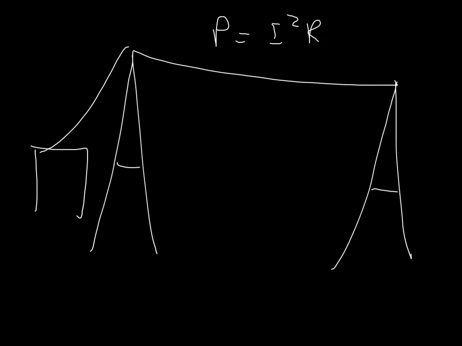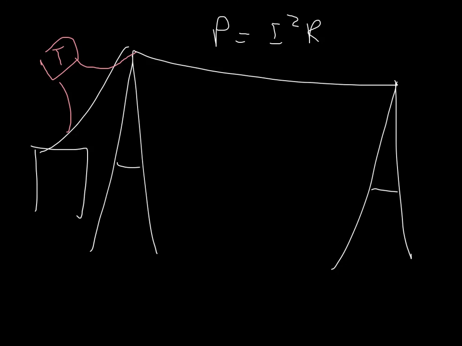So what I want to do is make sure that the current is as small as I can make it. In order to do this, I use a transformer in between. So I put things in a transformer, and then I transmit over there so that I make the voltage very, very high, and then the current will be very, very low, and therefore the power losses will be minimal.